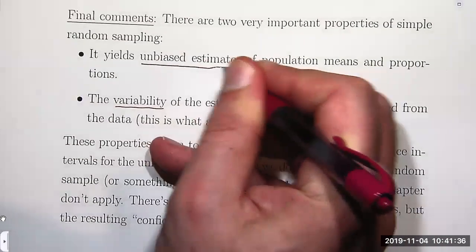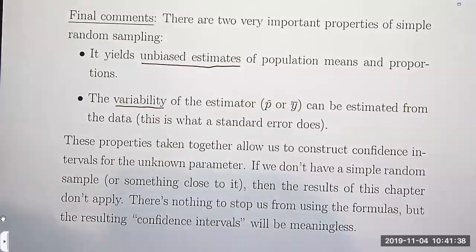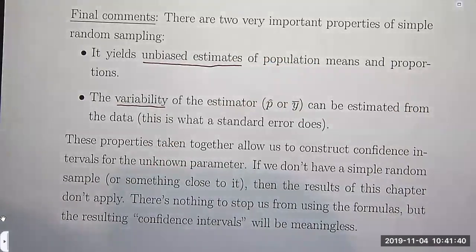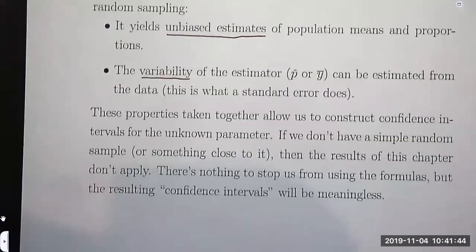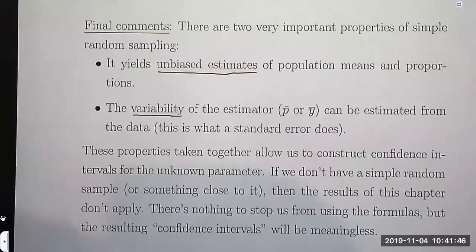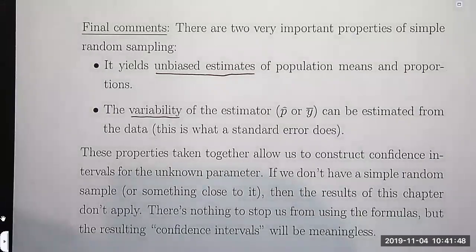So if we didn't have this SRS, a simple random sample, it wouldn't even make sense to talk about confidence intervals. It would be meaningless because there could be some kind of a bias in there that would completely affect the data that you gathered.